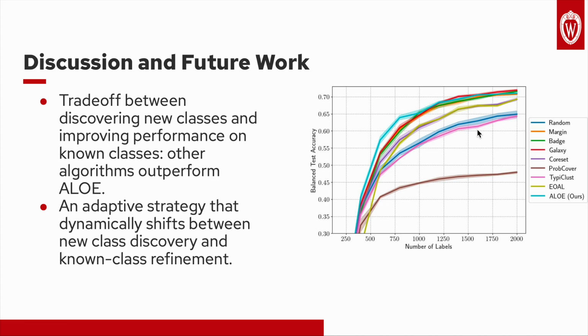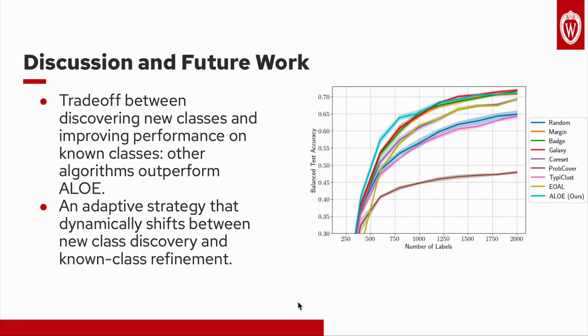This observation opens the door to potential adaptive strategies where the focus dynamically shifts between exploration and consolidation as more classes are discovered. For future research, one promising direction is to develop adaptive algorithms that can adjust this balance dynamically.